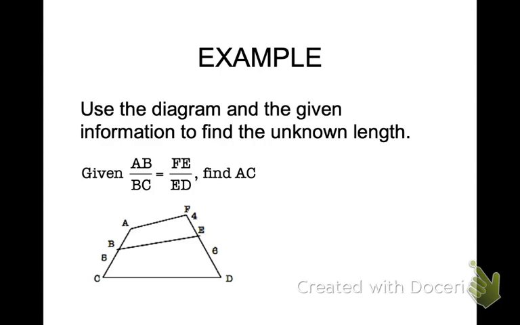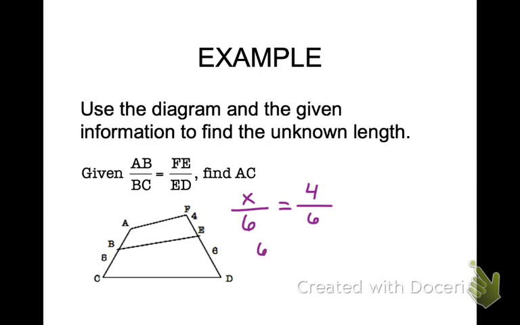Do I know AB's length? No. So what are we going to do? Make it X over BC, which is 6, is equal to FE, which is 4, over E to D, which is 6.